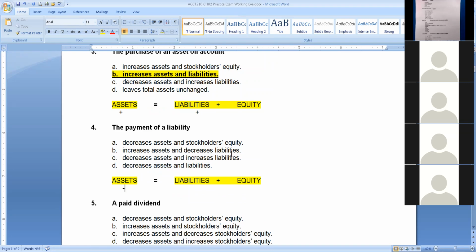And how about the liabilities? It's going to go down as well. Yep, good. We're paying off these liabilities, so we owe less. So which one is it? D. Yeah, you're right. It's D.